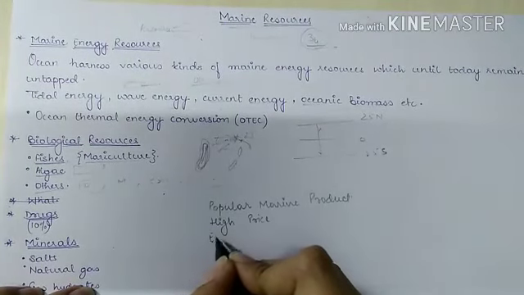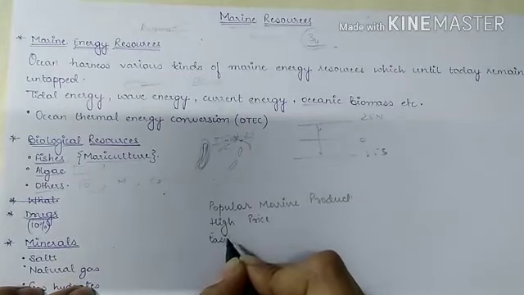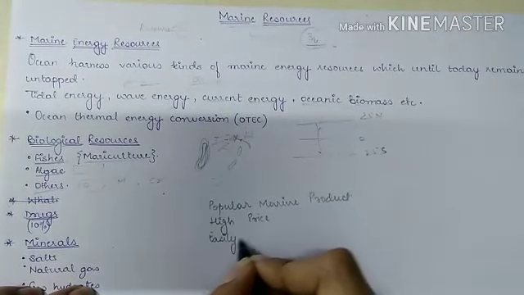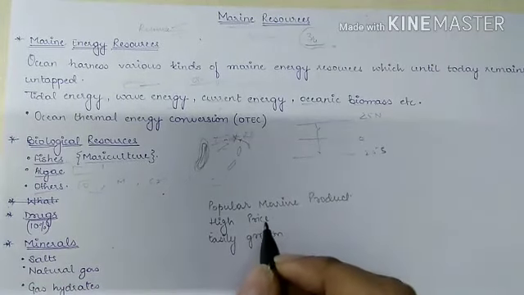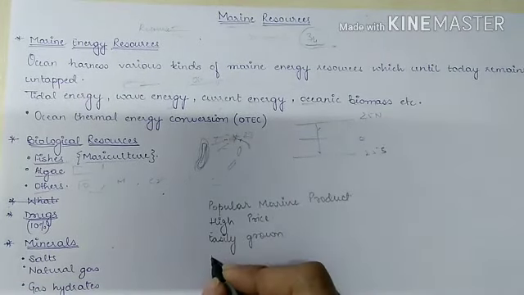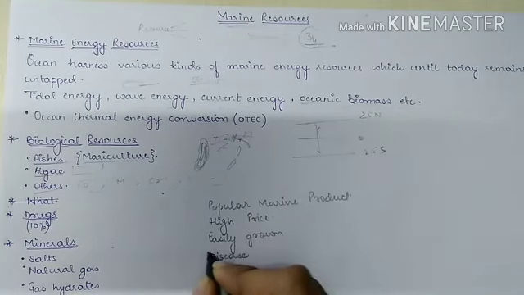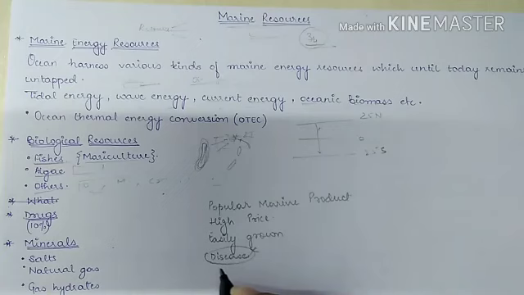They should be easily grown. And they should not have any sort of disease or parasite. Okay. So in simple terms, mariculture is the production of luxury food products. Like we have algae, which are grown and sold as a luxury food.